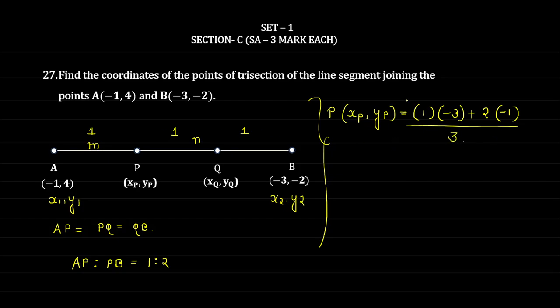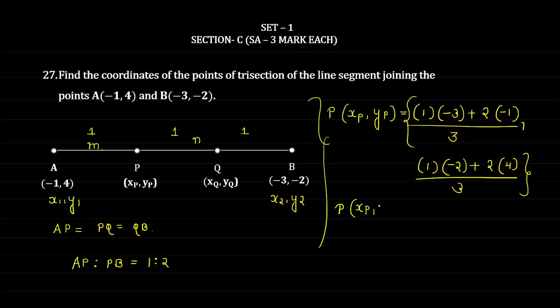Okay, so that is the x coordinate, and the y coordinate I can write as: m into minus 2, which is y2, plus n into y1, which is 4, divided by again 3. So let us simplify this.